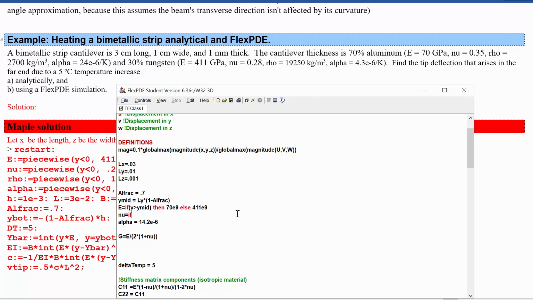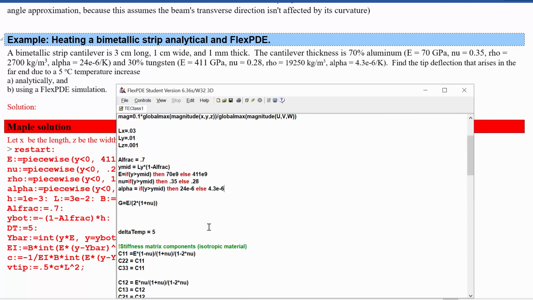And same thing for nu. If Y is greater than Y mid, then the aluminum one, 0.35, else tungsten's 0.28, and alpha, if Y is greater than Y mid, then 24 E negative 6, not E6, that would have caused some trouble, else 4.3 E negative 6 there.